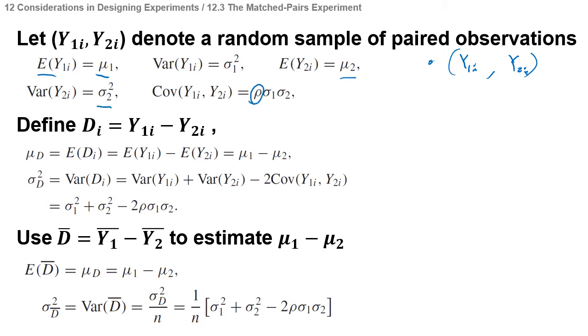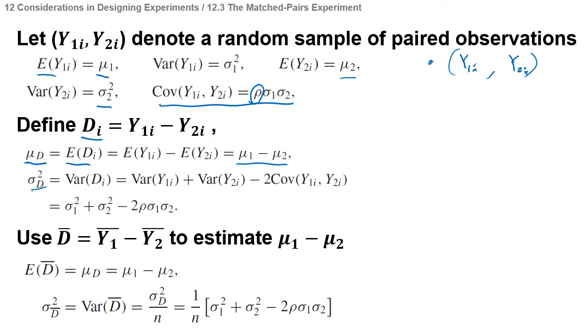And there is a correlation coefficient for y1 and y2. In this case, y1 and y2 are not independent because it's a paired observation. So we assume this. Let's define di, the difference between the first group and the second group. Then the expected value of di, which is mu d, can be calculated like this, and that is mu1 minus mu2.